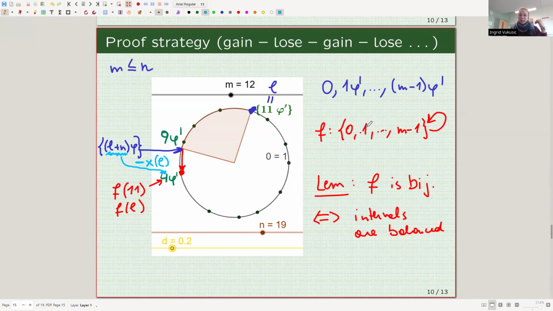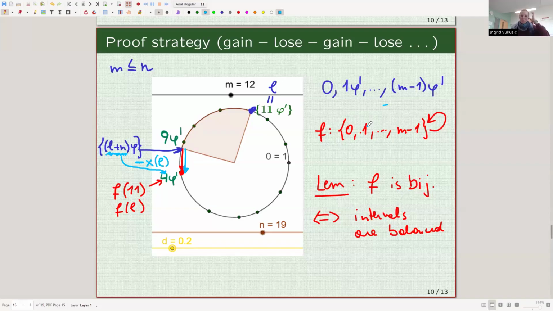So this subtraction needs to cause the minimal shift in rotating direction. So we don't want to go this way, we want to go that way, and also we don't want to end up at this point here, we want to end up at the closest possible point out of the collection of points that we have.